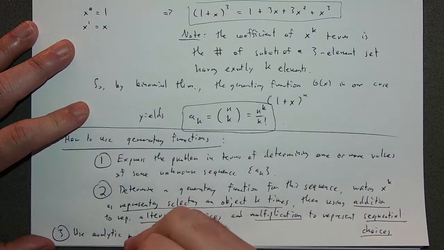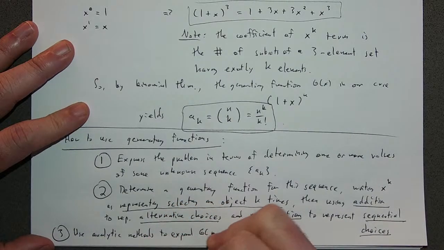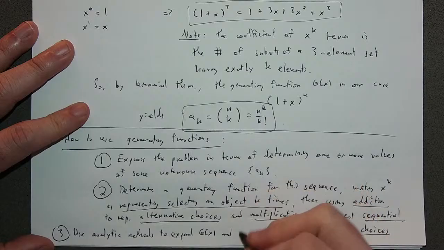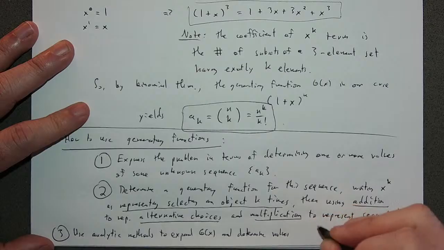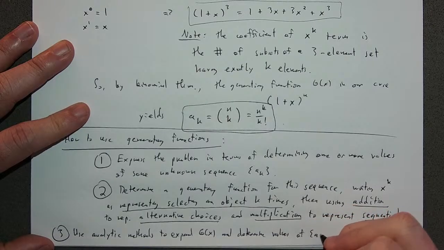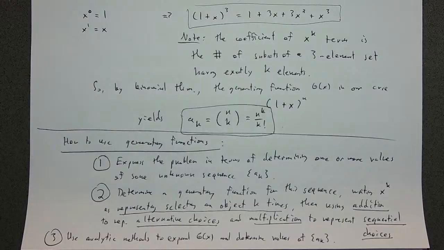So use analytic methods to expand the generating function g of x and determine sequence values. Determine values of the sequence a sub k. Okay. So this is how this goes.